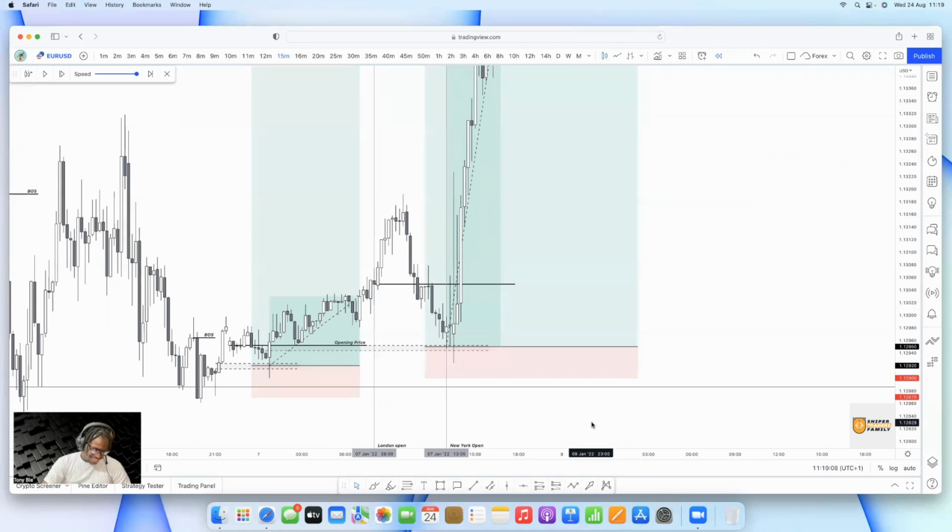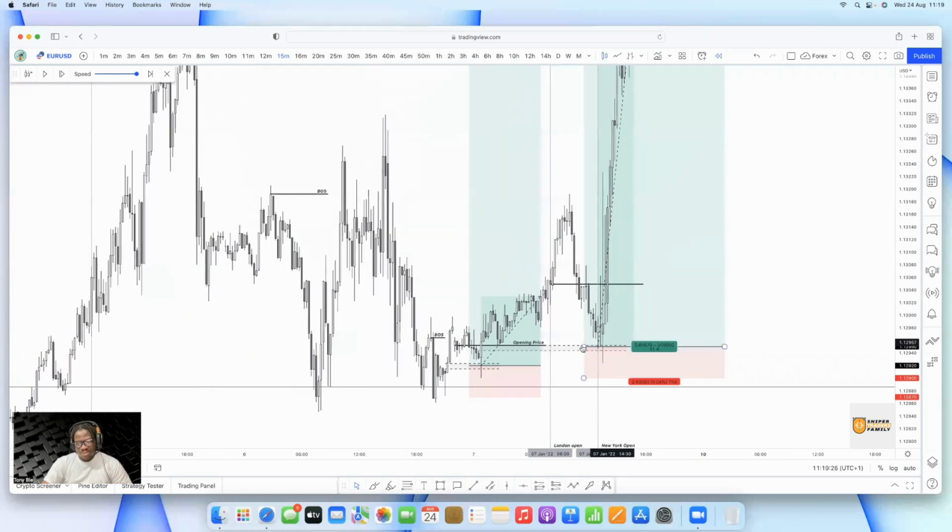Are you guys seeing that? That was where price got to, boom, and then rejected and went up a bit, came back down, and then we had this big candle to the upside, came back down, and then started going all the way to the upside. So London, New York.